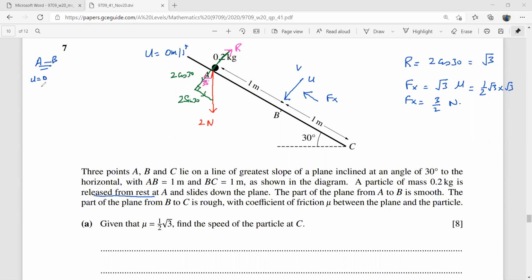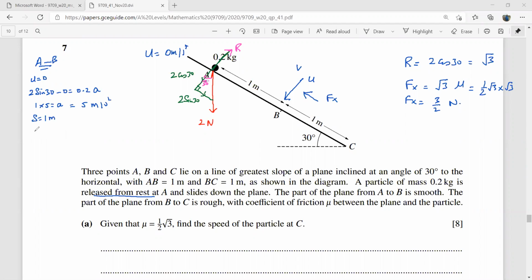Initial speed is 0, acceleration is going to be 2 sine 30. There is no resisting force, so force equals mass, which is 0.2, into the acceleration. So this is going to be 1 into 5. The acceleration for this part is 5 meters per second squared, and the distance covered is 1 meter.